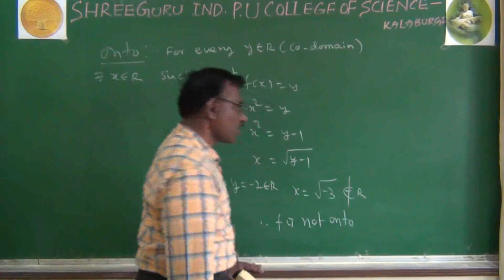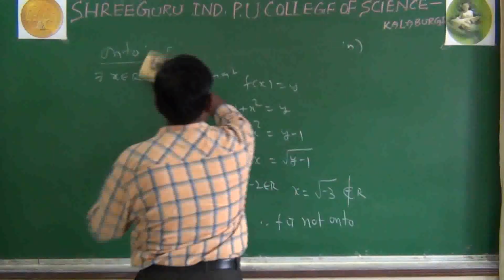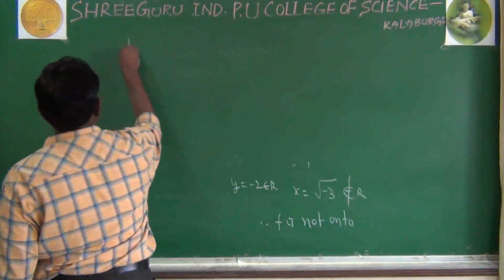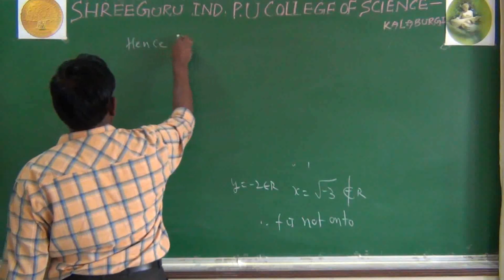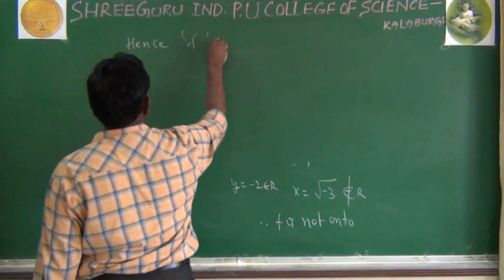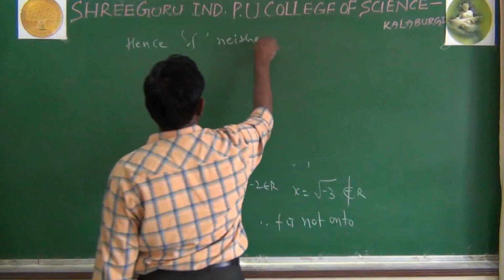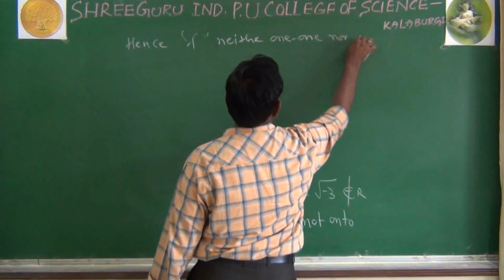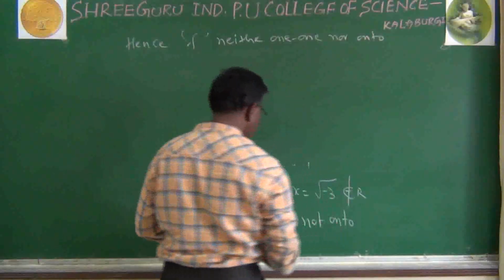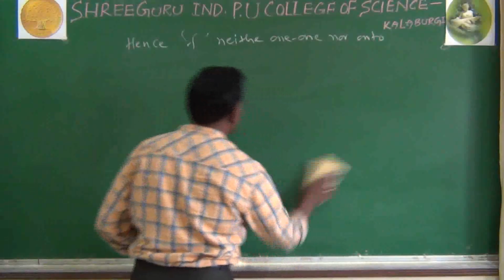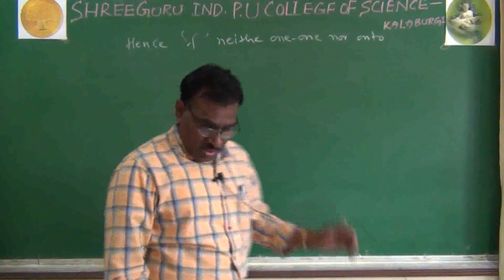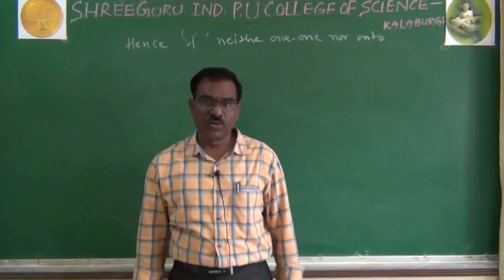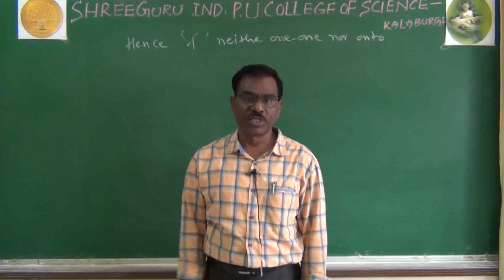F is not onto. In this problem, hence, f is neither one-one nor onto. Okay. If it were linear, both one-one and onto would come.